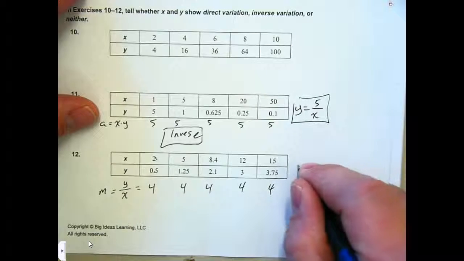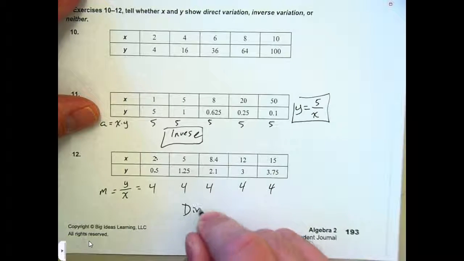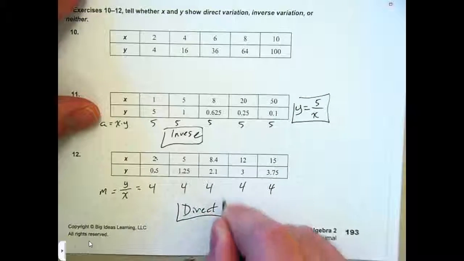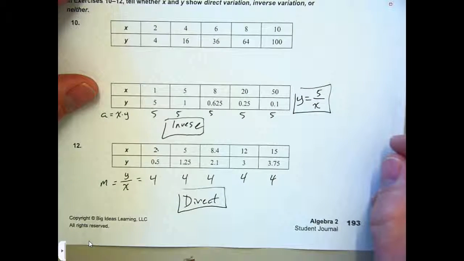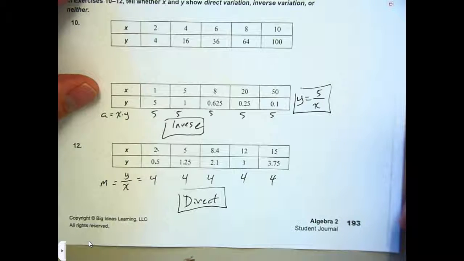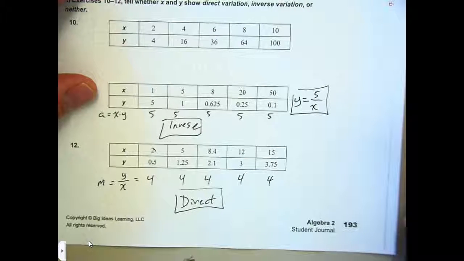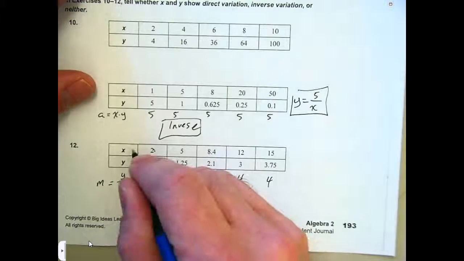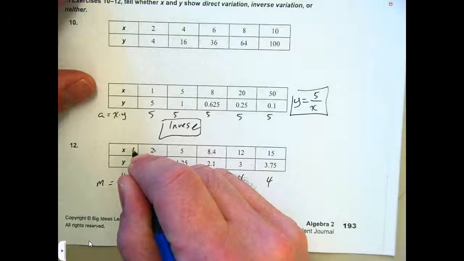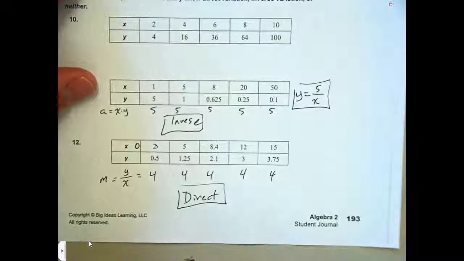The other key piece to a direct variation, there's one other key piece. It's not every linear equation is direct. There's one special linear equation that is direct. What's the other piece that we need? What happens when x is 0 here? It's not going to be undefined.